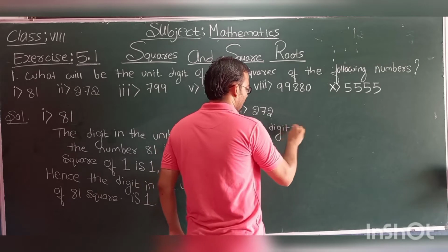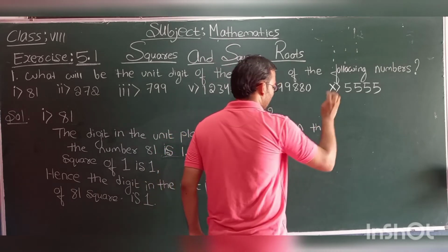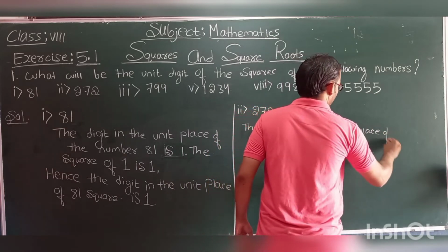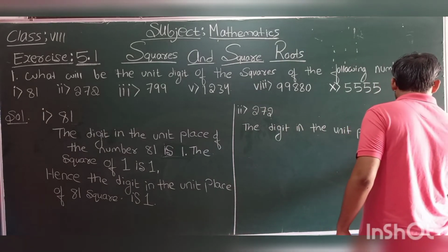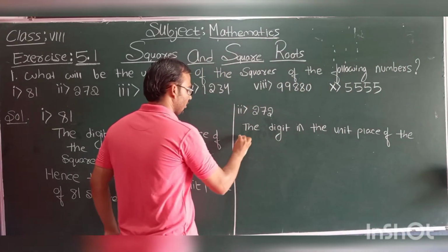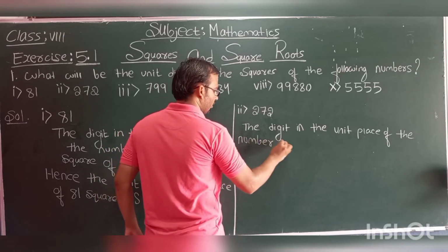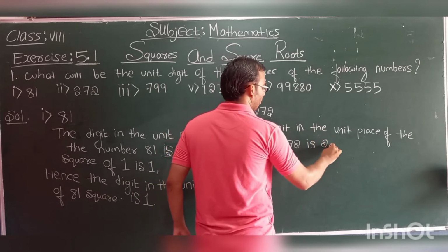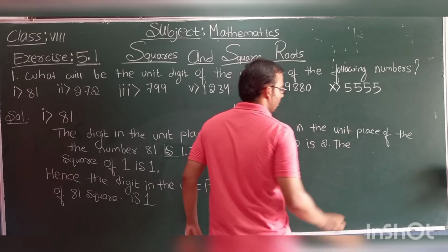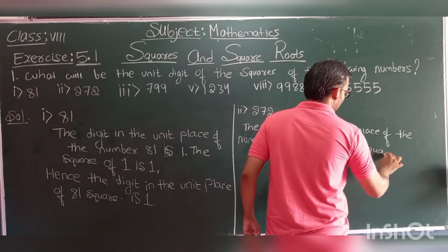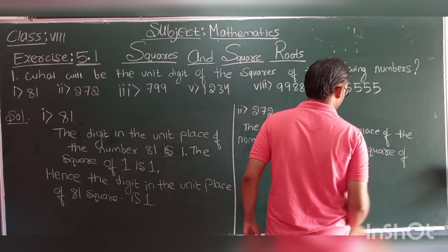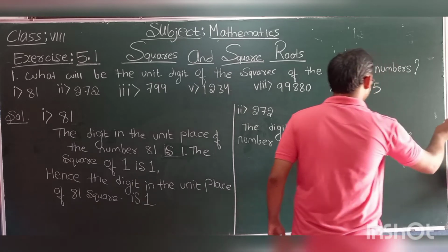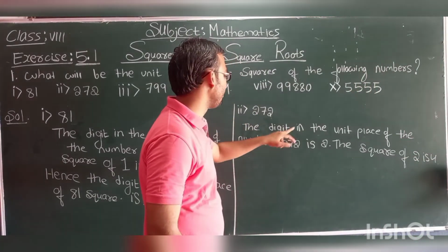The digit in the unit place of the number 272 is 2.